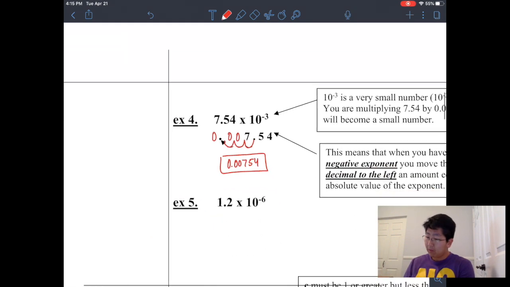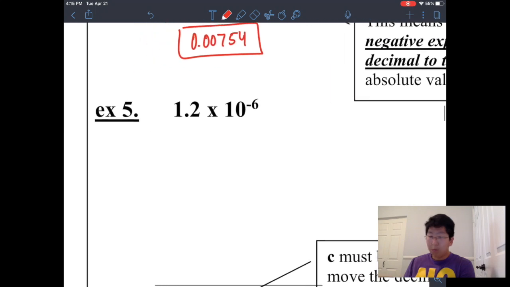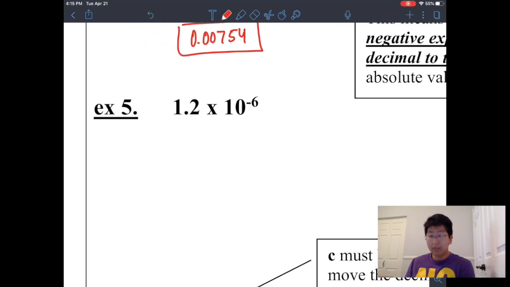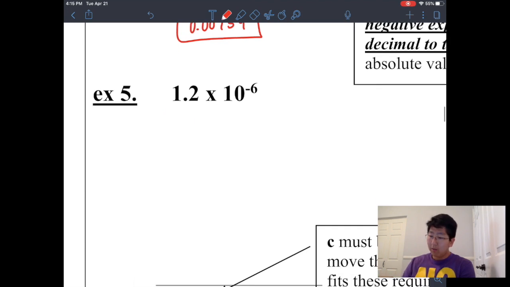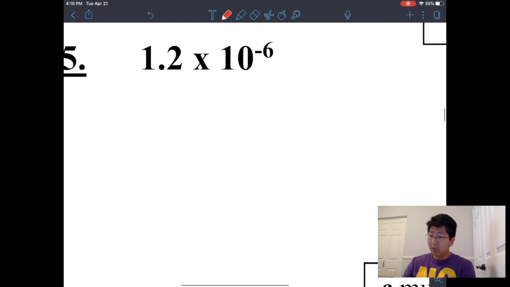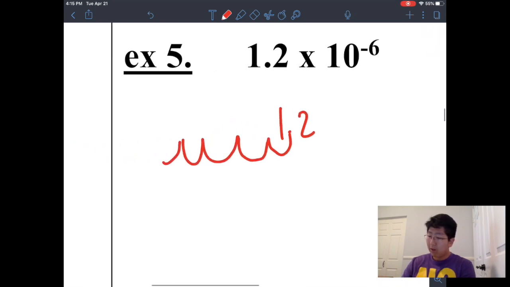Okay? Here, we have 1.2 times 10 to the negative 6. Notice that 1.2 is a number that is in between 1 and 10, so that's good. And we're going to move the decimal point. So 1.2 times 10 to the negative 6. I'm going to move it 1, 2, 3, 4, 5, 6. So 0, 0, 0, 0, 0.